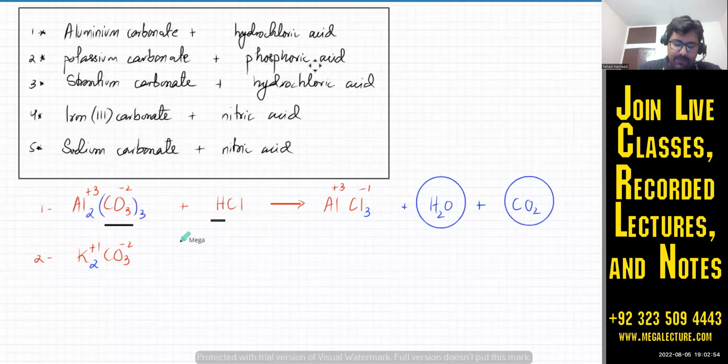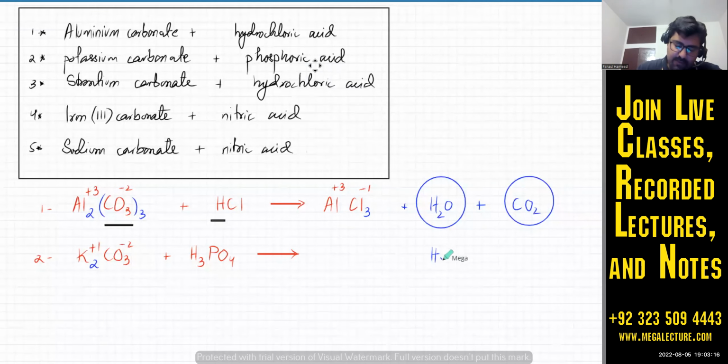What is phosphoric acid? That is H3PO4. So what is going to get produced? Water, because it's an acid and a carbonate reaction. So water will be produced.